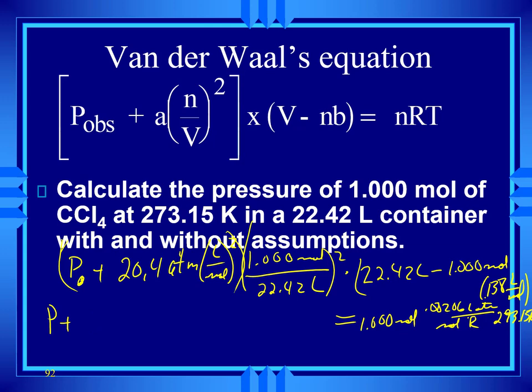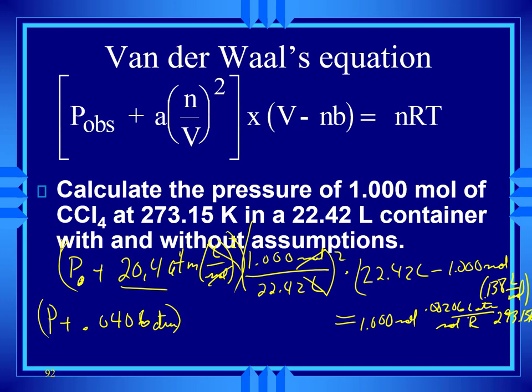I've got to take 20.4 times, open parentheses, 1 divided by 22.42, close parentheses, square that. And with 3 sig figs, I get 0.0406. Moles squared cancel and liters squared cancel, and I'm left with just atmospheres. That's that term.